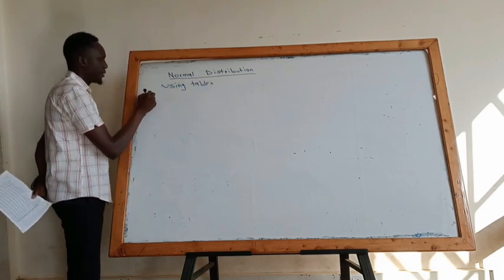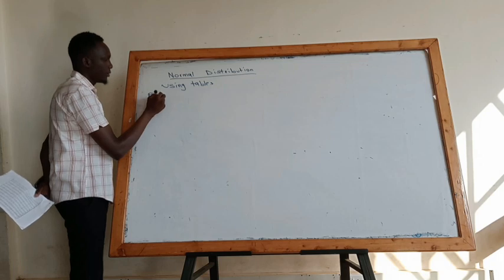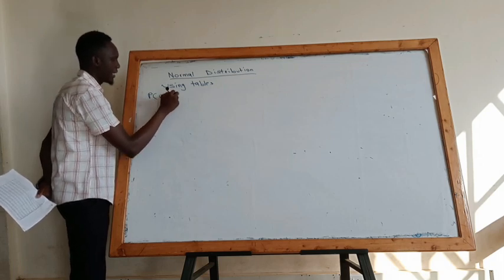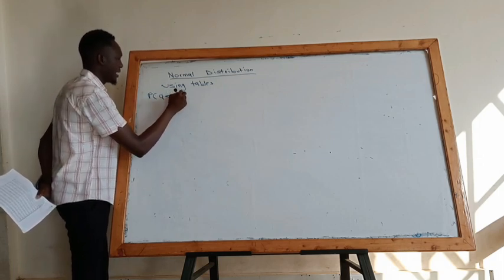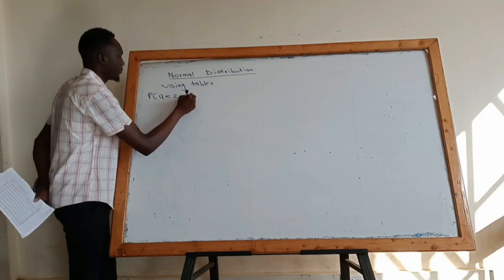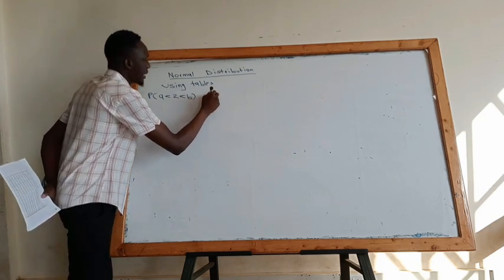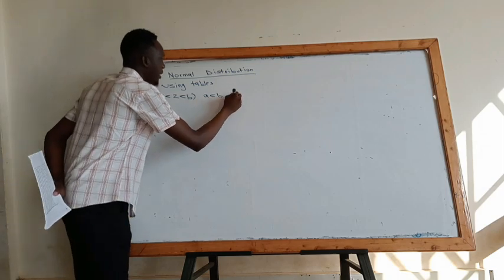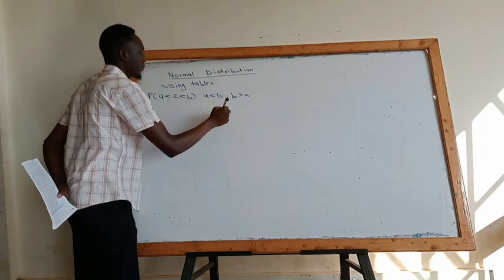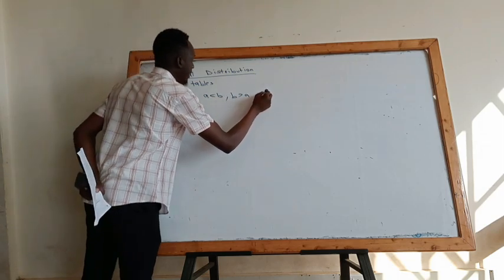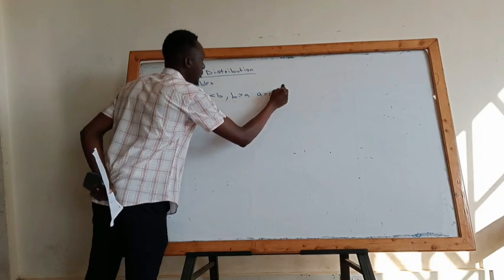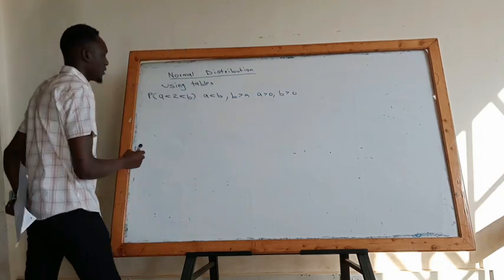Let's say find the probability that A is less than Z less than B, for A less than B, where A is greater than 0 and B is also greater than 0.